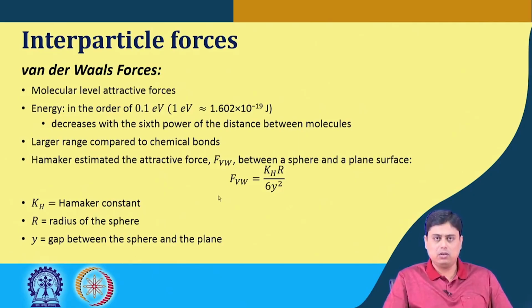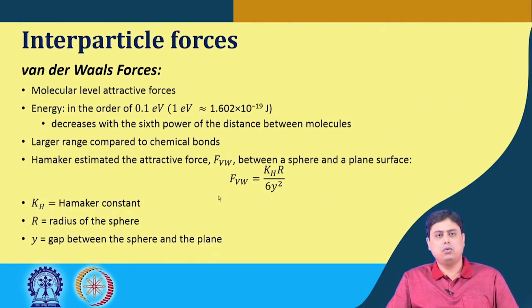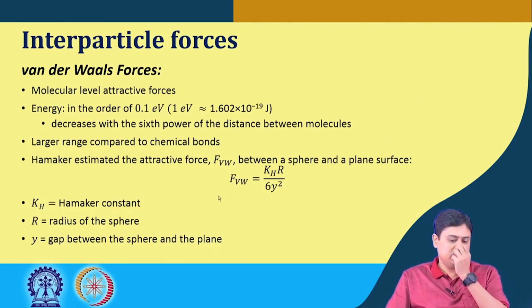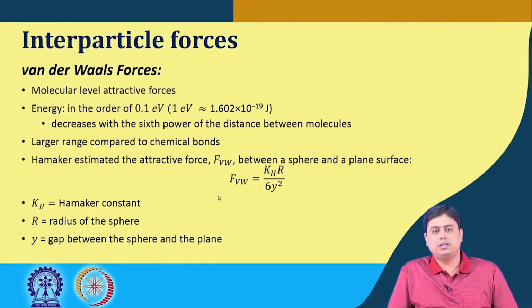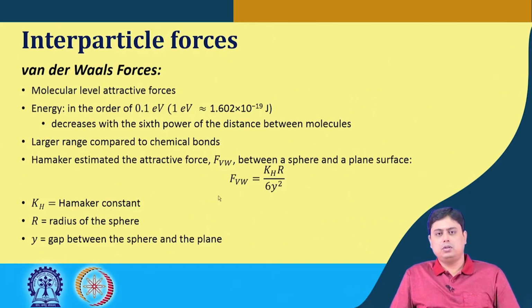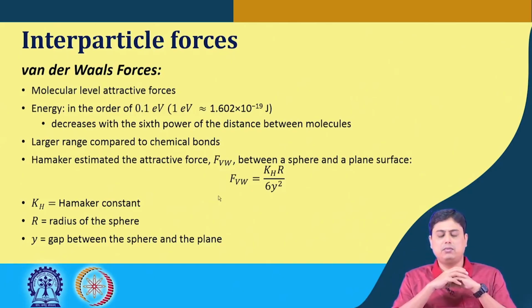It is an intermolecular force, attractive in nature, but the strength of this force decreases with the sixth power of the distance between the molecules. So, as you go farther from molecule to molecule, this force strength decreases drastically, but it is a relatively longer range force compared to chemical bonds.